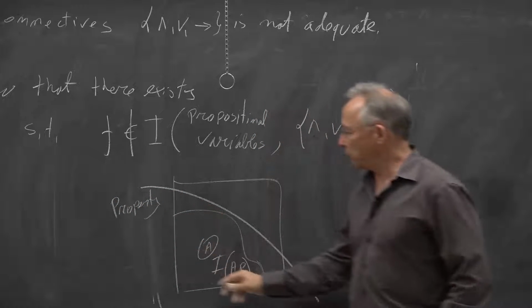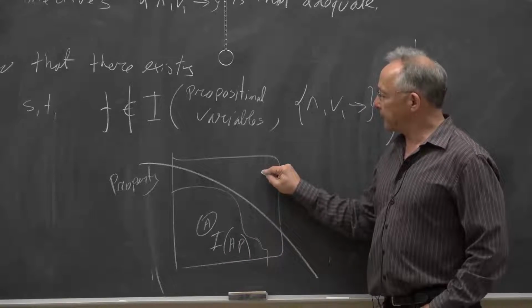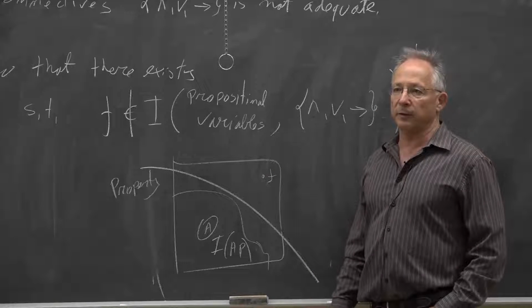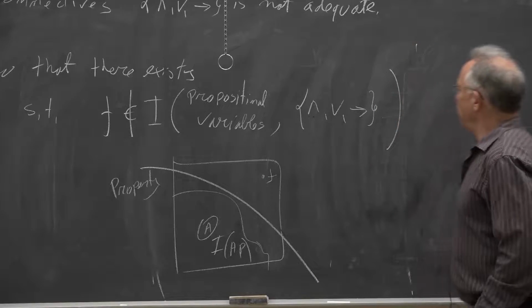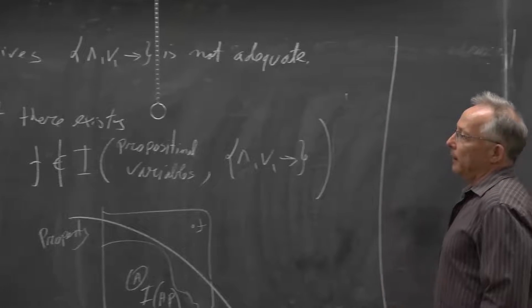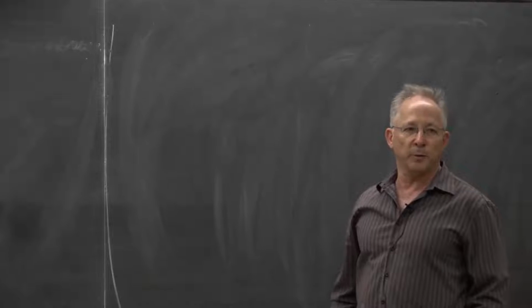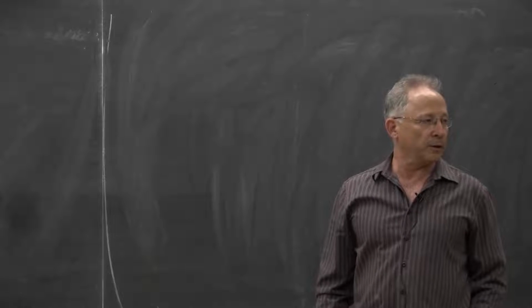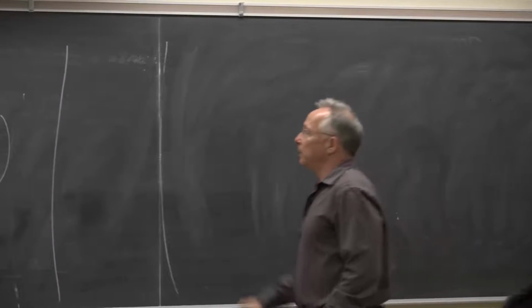And then I'll find some f that doesn't satisfy the property. So I want to take some property and prove that any function that I can generate like this has this property. Okay? So now let us prove.